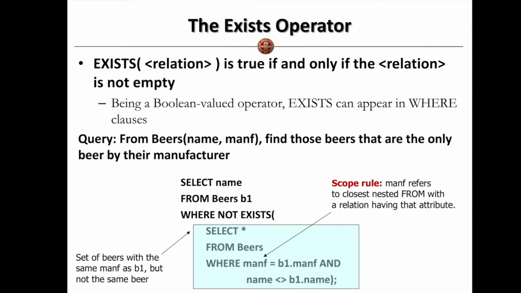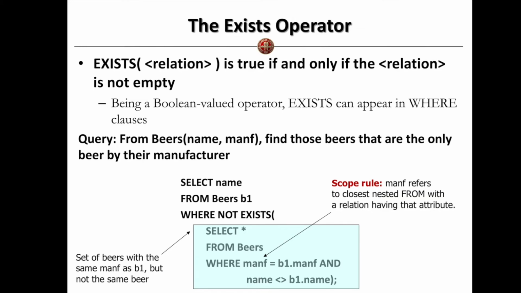So please be careful when we write down a query like this about the scope. The manufacturer refers to the closest nested from with a relation having that attribute. In other words, this manufacturer without a relation name denotes the attribute of this beers relation, which is the closest to this attribute inside this query. Similar for this name, it is also an attribute in this beers relation.